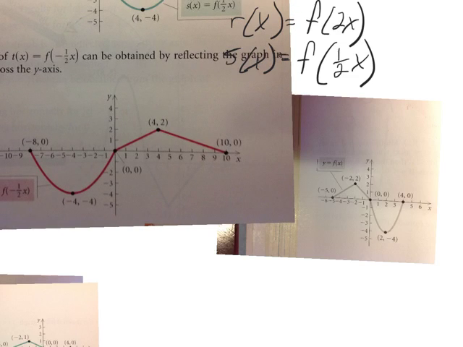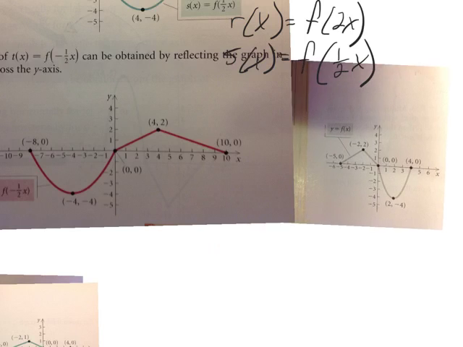Okay, so notice what happened. Up here it's saying that the f is not only 1/2 like it was here, and it's going to be a stretching horizontally, but it's got a negative in front of there. So remember what I said, when there's a negative in front of there, it is going to reflect across the y-axis.